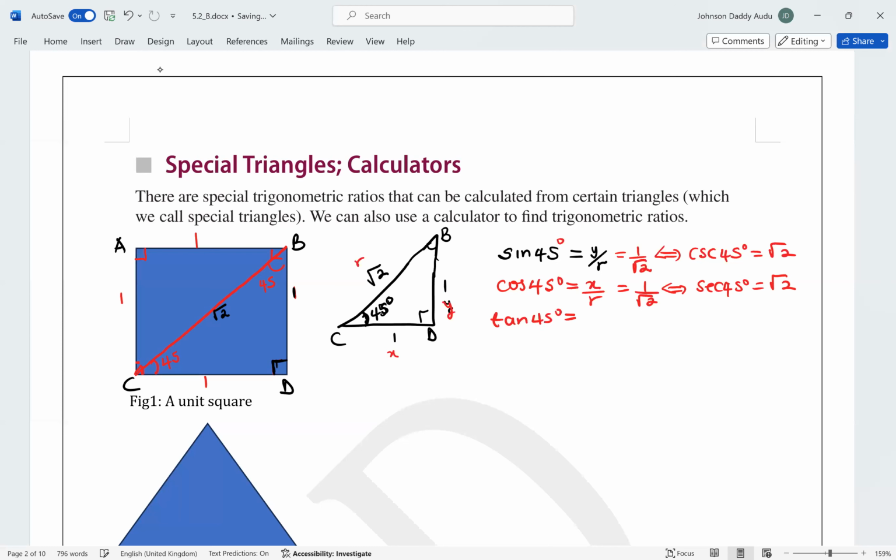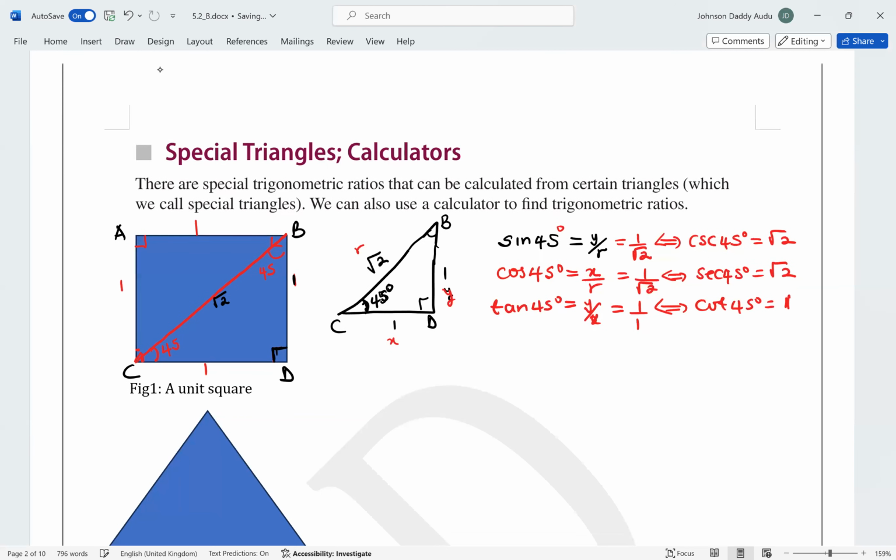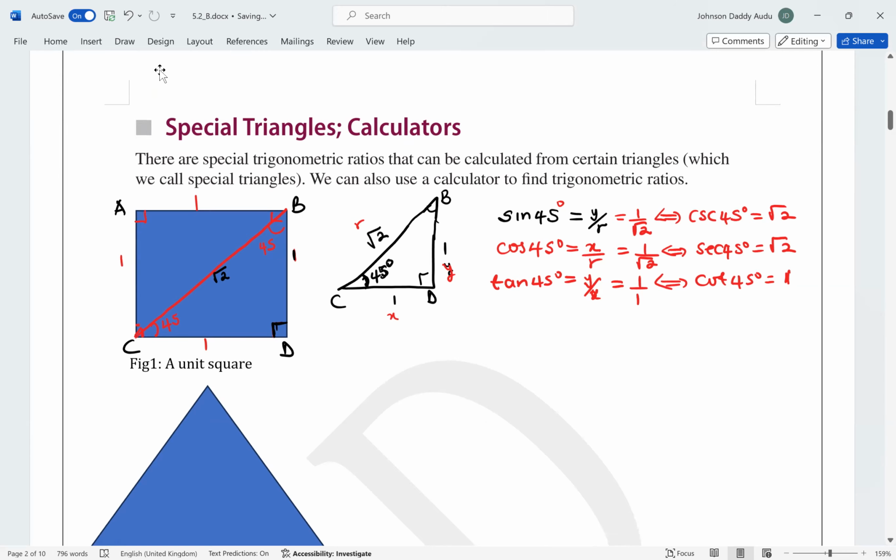Tan is y over x, which is simply 1 over 1, which equals 1. This also means that cotan 45 degrees is equal to 1 as well. So these are the trigonometry ratios for 45 degrees.